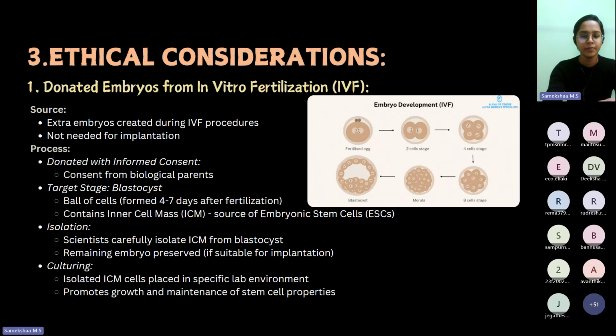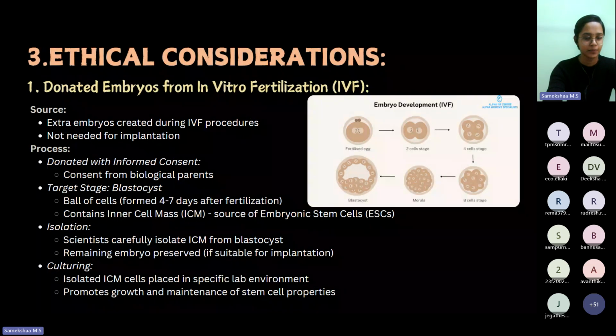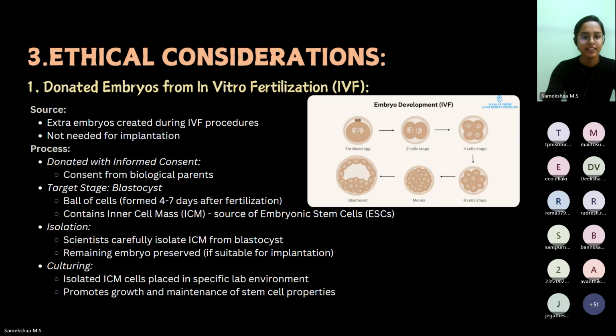So in the lab, the retrieved eggs and the sperms are combined. So here there are mainly two fertilization methods. The first one is conventional insemination, where the sperm and the egg are mixed in a dish, allowing fertilization to happen naturally.